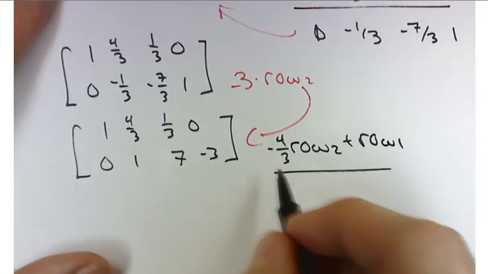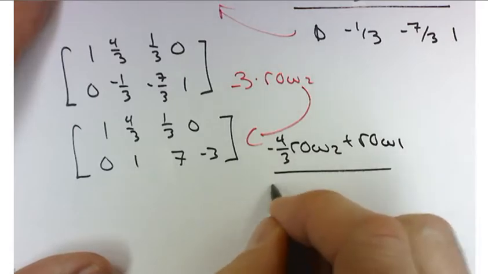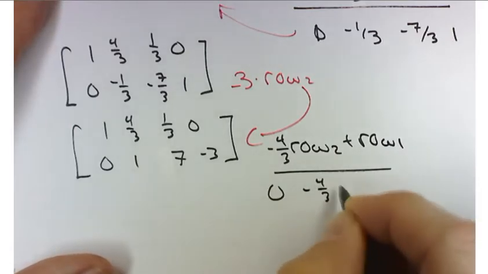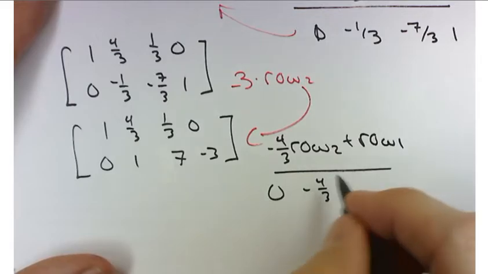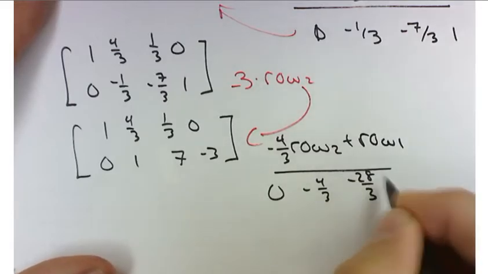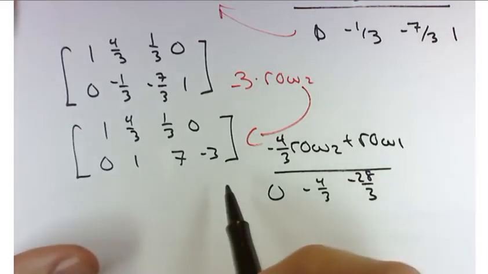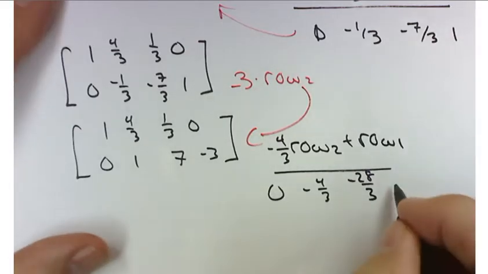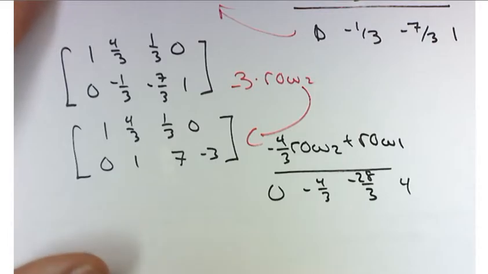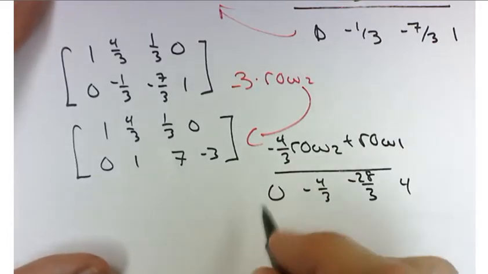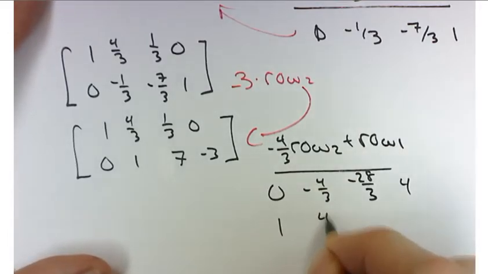So negative 4/3 times that is going to be 0, negative 4/3, negative 28/3, and, let's see, negative 4? No, positive 4. And we're going to add that to row 1. Row 1 is currently 1, 4/3, 1/3, and 0.